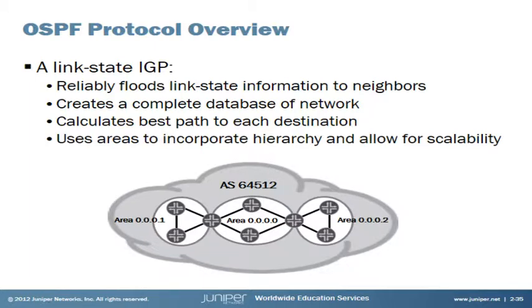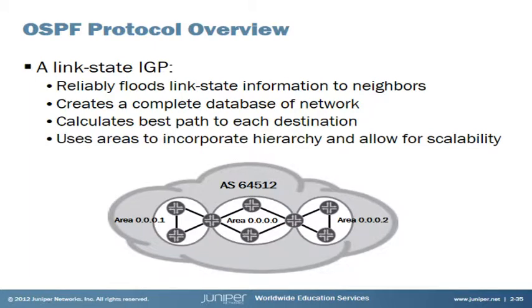The state of my interfaces is up, so all my links are up, and that is advertised out to all the other routers. That information is collected by each router, and then the router calculates the best paths to each network. So the router builds a picture of the entire topology and then calculates the best path to every part of that topology.